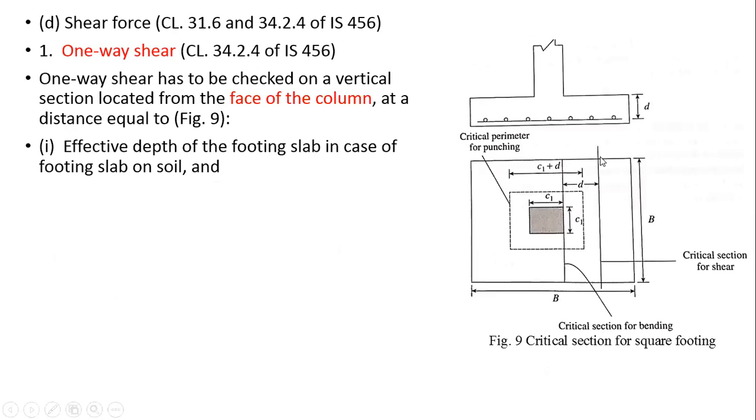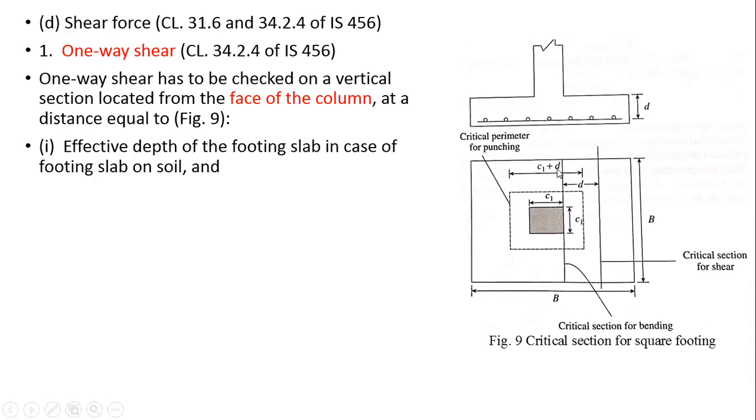So look here again. This is my column here, C1 side here, C1 side here. This is my footing side, B here and B here. So the critical section for bending moment will be passing from the edge of the column here. So this is the critical section for bending. Similarly, one more critical section for bending here. If the column is rectangular, consider one section each way; if it is square, there is no difference.